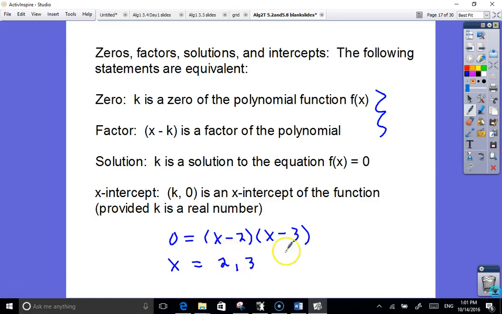So with this 2 and 3, that means these 2 points are on the graph: 2, 0 and 3, 0.